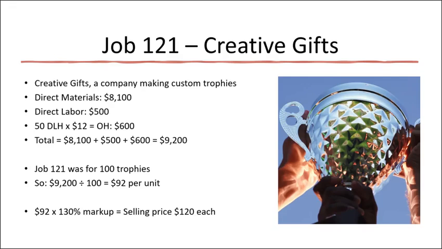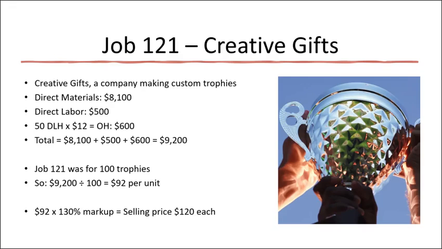So on the job cost sheet, we start by logging the three types of cost. Let's say there was direct materials, $8,100 in this case. That's the metal, the wood stands, etc. Direct labor. Let's say that's $500 in wages for workers who were doing the shaping and the finishing of the trophies for a total of 50 hours.